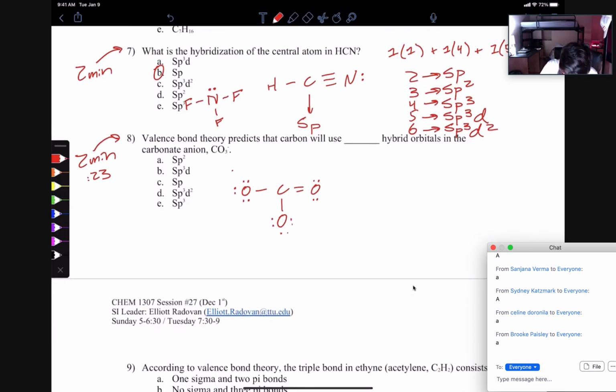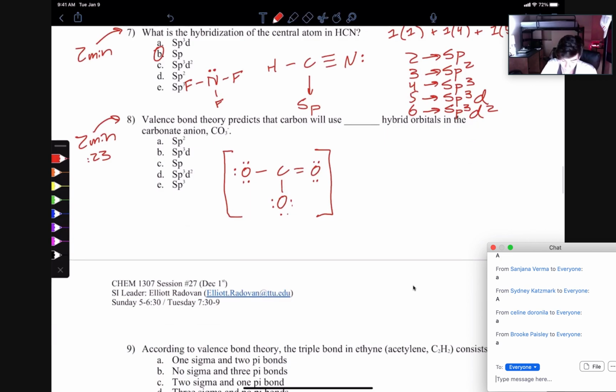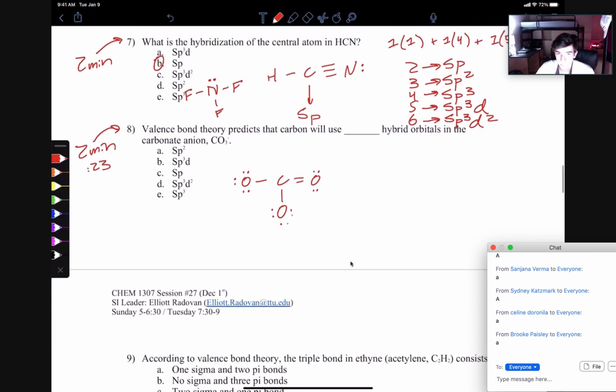And just to touch on this a tad more, this one is going to end up having multiple resonance structures, but that's not really important. I just wanted to highlight that because it popped into my mind. But anyway, this is our Lewis structure for CO3 minus, okay?